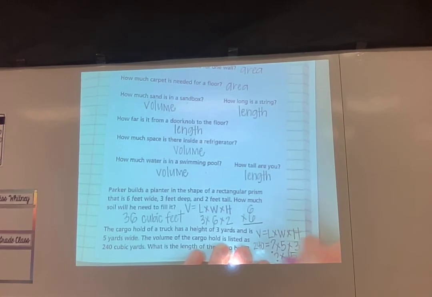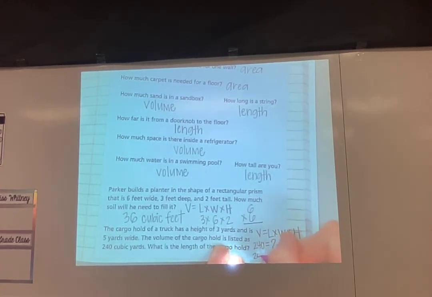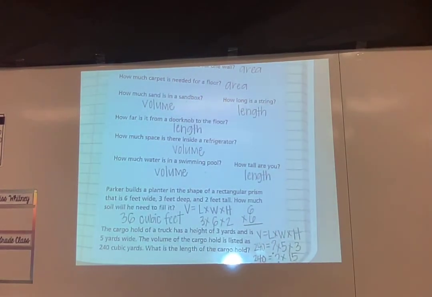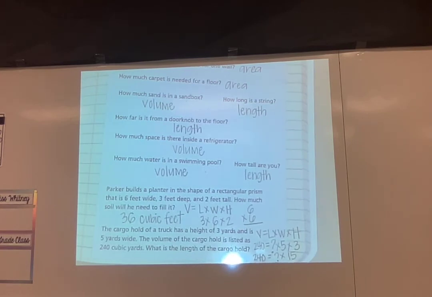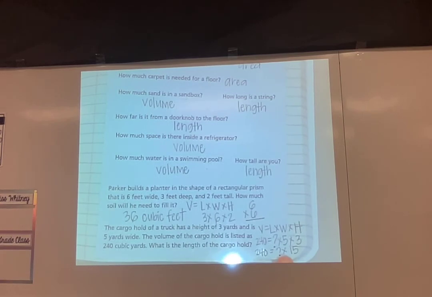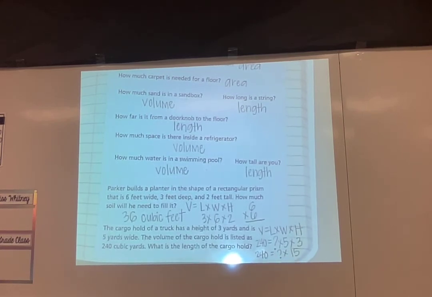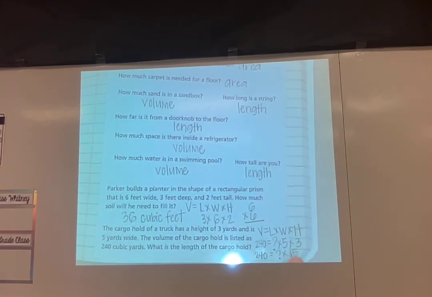Times question mark equals 240. So I know 15 times something is going to equal that volume. And if I can figure out what that something is, I will be able to know the length of this cargo hold. How am I going to figure out what that length is? Something times 15 equals 240. Well, to figure out that something, I can divide. 240 divided by 15 would tell me the length.